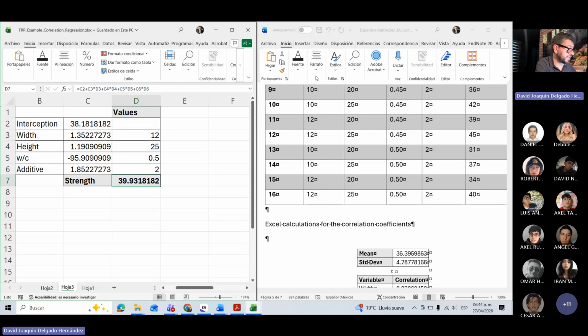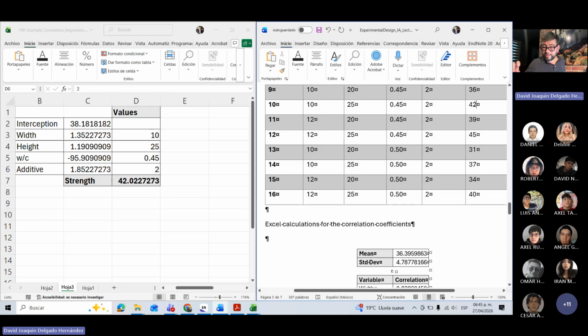Okay, so let us take as example number 10. Number 10 is 10, 25, 0.45, 45, and the result is 42.02, and the expected value was 42. So the referees of the competition are going to be surprised with the precision of this model, because it is a very exact model, okay?